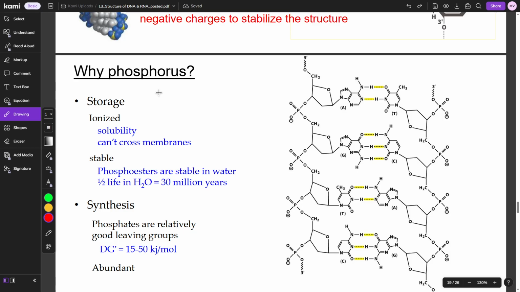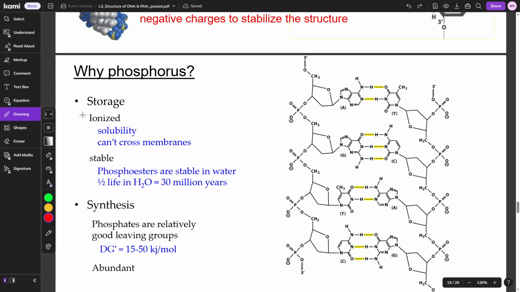It holds your DNA. And how do you stop things from going through membranes? Well, you make them charged, because membranes are hydrophobic and they do not like charged things. So phosphate at pH 7 is very, very, very hydrophilic. It's ionized and it cannot cross the membrane. So DNA is not leaving anytime soon. It is stuck in the nucleus and it's never leaving.